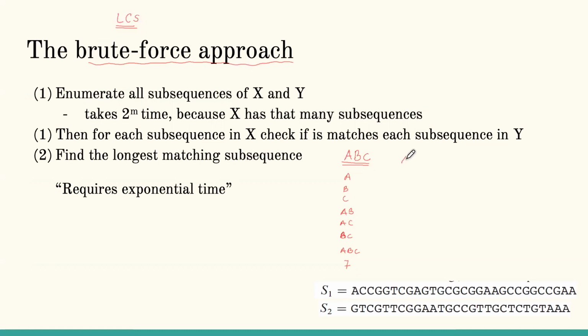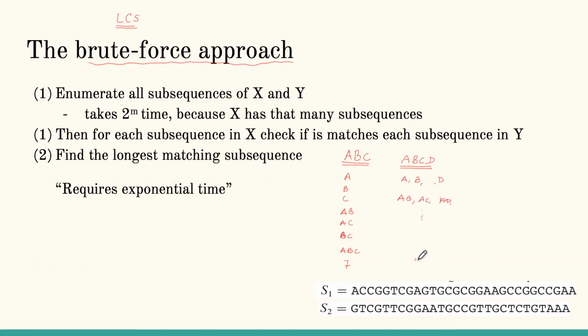If I have X as a sequence of 4 characters, A, B, C, D, then the possible subsequences are the single characters A, B, C, D, then AB, AC, AD, and so on.